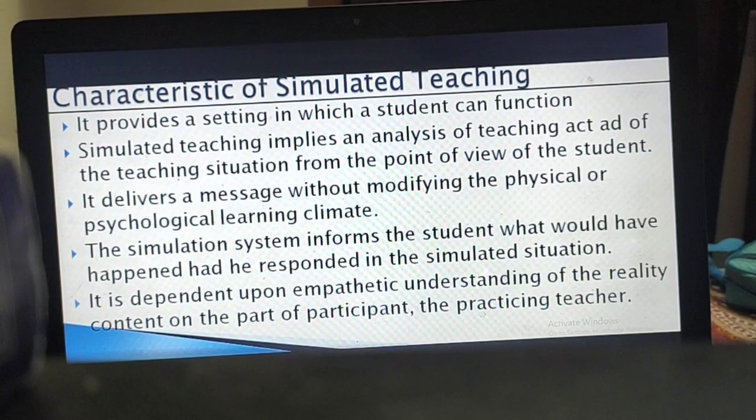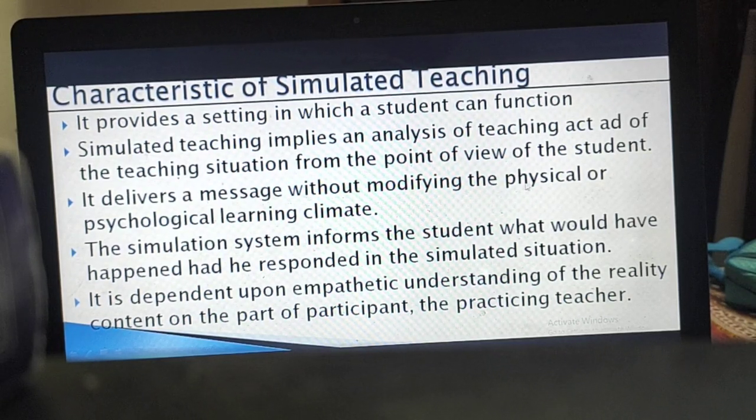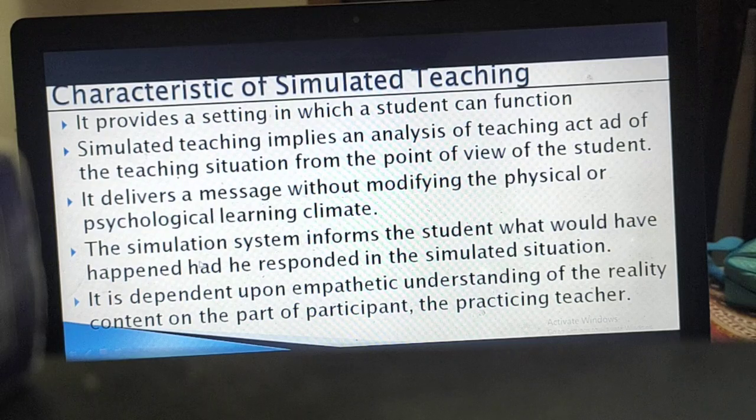Some characteristics of simulated teaching are mentioned here. It provides a setting in which a student can function. Simulated teaching implies an analysis of the teaching act and of the teaching situation from the point of view of the student. It delivers a message without modifying the physical or psychological learning climate.